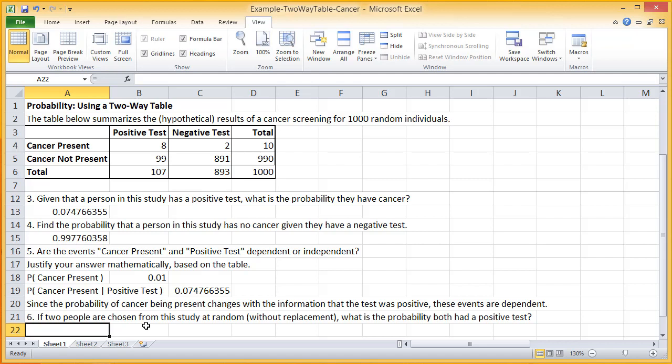I like to phrase it using the notation: probability of positive test, and then positive test. Another way to phrase it would be the probability the first person is positive and the second person is positive.